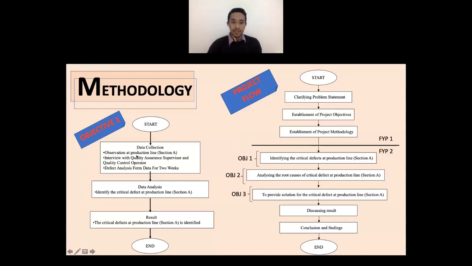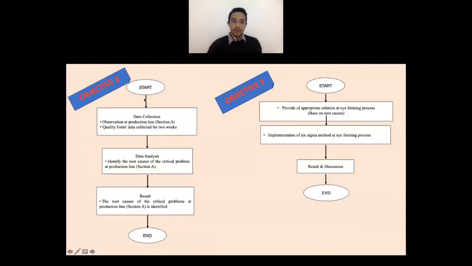For objective 1, I have data collection. I did observation at the production line, and interviews with a QA supervisor and a QC operator there. I have a defect analysis form, and then I have data analysis to identify the critical defect, and as the result, we can identify the critical defect at the production line. For objective 2, we start with data collection, observation at the production line, and then I created a collection form, with data collected for 2 weeks.